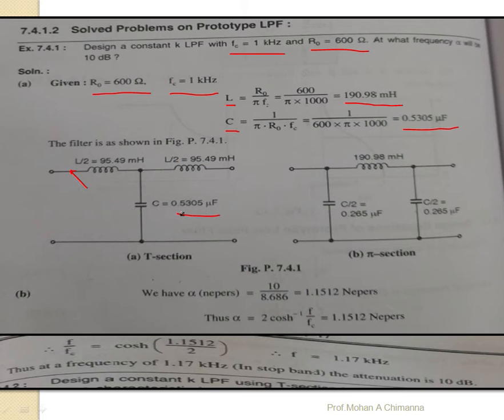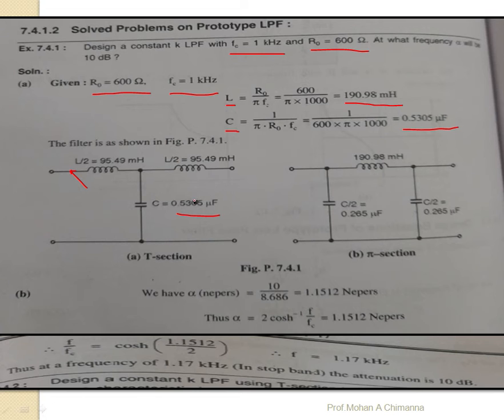So in this way we have calculated the T section of the constant K low pass filter. In the case of the pi section, which has L and C by 2, the L value is 190.98 millihenry and C by 2 is 0.265 microfarad, and the other C by 2 is 0.265 microfarad.